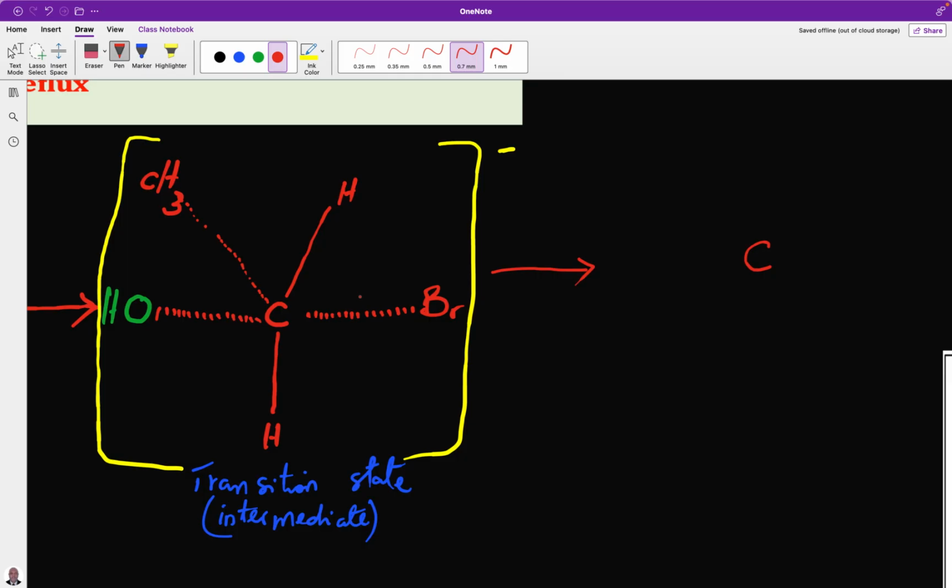Bromine breaks off. There's rearrangement in the bond. So the methyl group is there. The halogen, the bromine, is here. The hydrogen is here. Bromine goes off, the OH comes here. Adjustment of position.